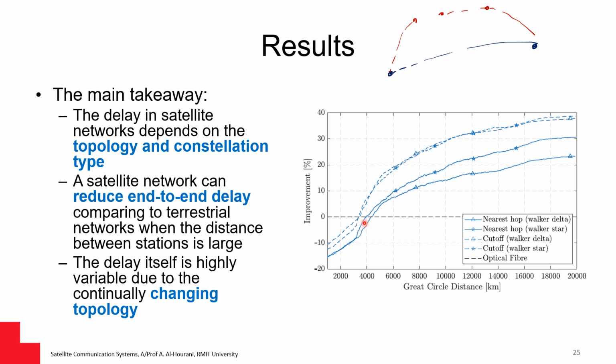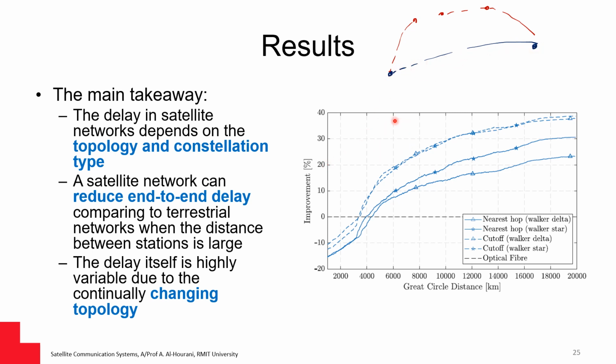If 2 terminals are separated by 4,000 kilometers or less, you will find that the delay in optical fiber networks and satellite networks is almost identical. But as the distance between the points increases, you'll find there is a significant improvement in the delay, meaning the delay if you route your traffic through a satellite network will be, for example, at this point 20% faster than if you route it through a great circle fiber.